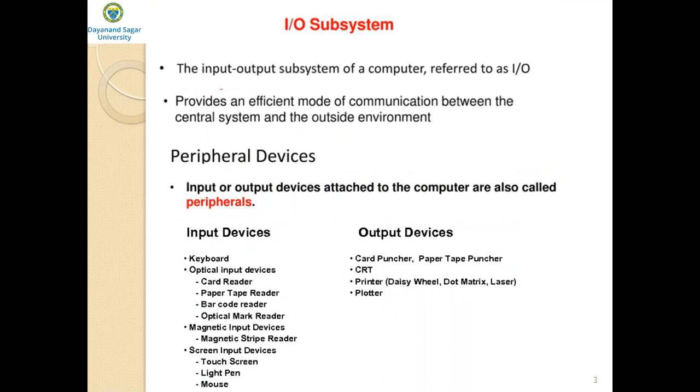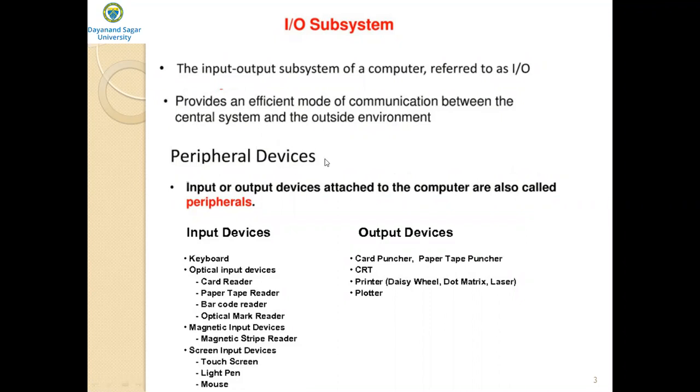Similar to that, we have the input and output subsystem, referred to as IO. This subsystem provides an efficient mode of communication between the central system and the outside environment. Here the central system is your CPU, and the outside environment is your external devices. So the input and output system provides the mechanism for communication between the CPU and the external world, which is nothing but the input and output devices.